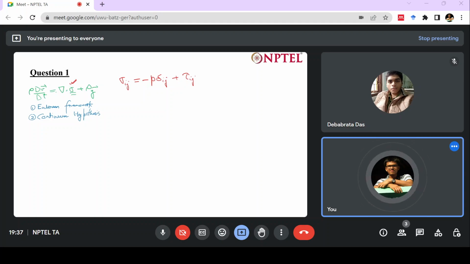If I break my stress tensor like this, what is P? P is my pressure, right?